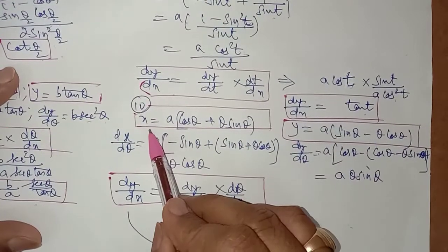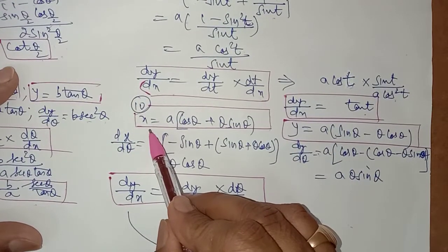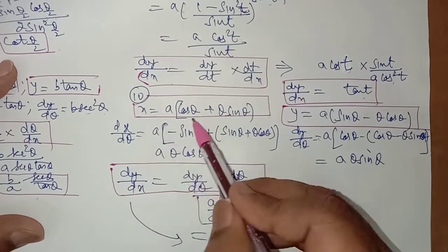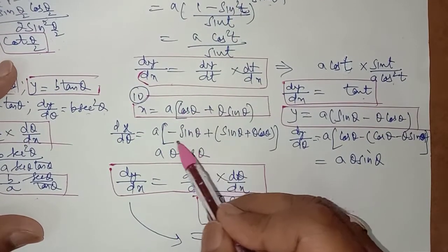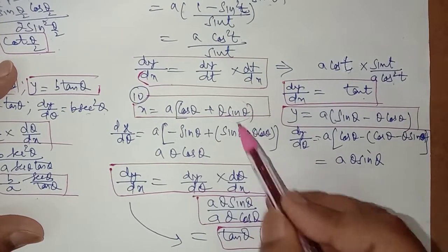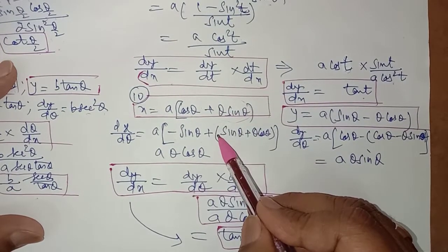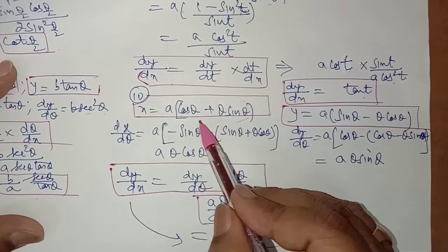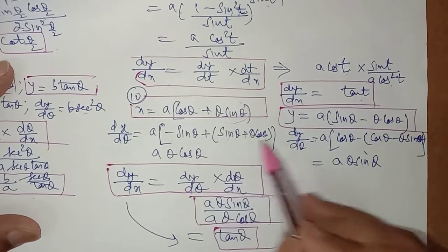In question number 10 also, again we have the parameter theta. So dx upon d theta is a, derivative of cos theta minus sin theta. You have to use the product rule here. Theta cos theta, first of all differentiate theta whose derivative is 1, then differentiate sin theta which is equal to cos theta. Sin theta cancelled out with sin theta.